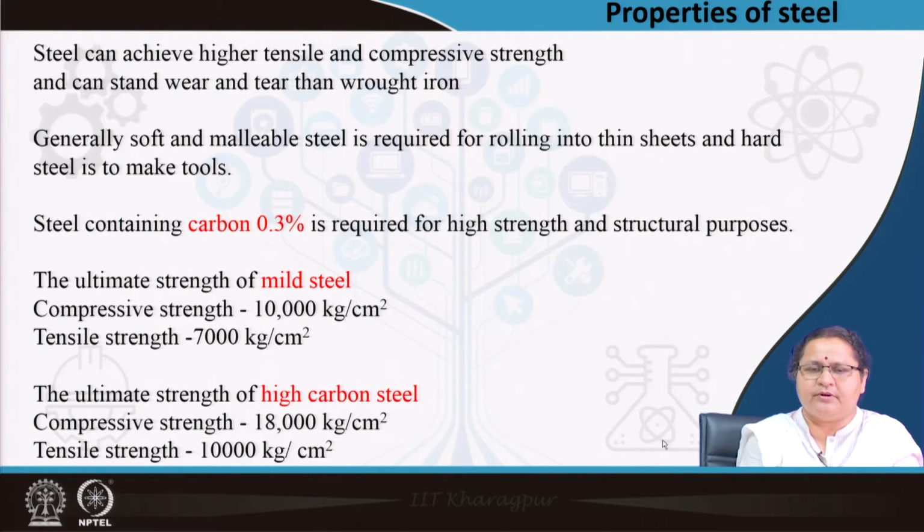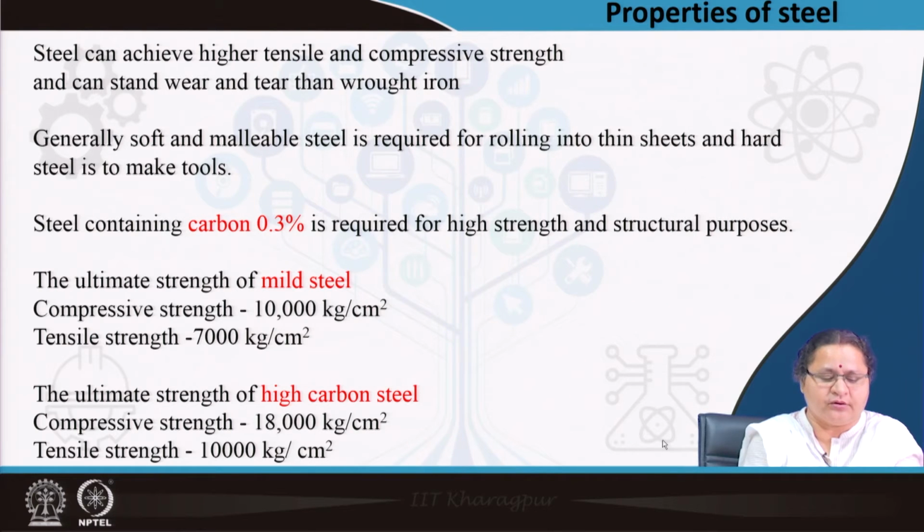Steel containing carbon of 0.3 is required for high strength structural purposes. And you see the two values are given. The mild steel has a compressive strength of 10,000 kg per centimeter square.